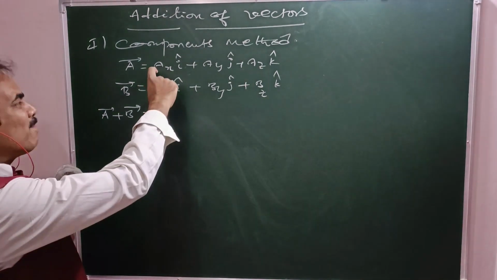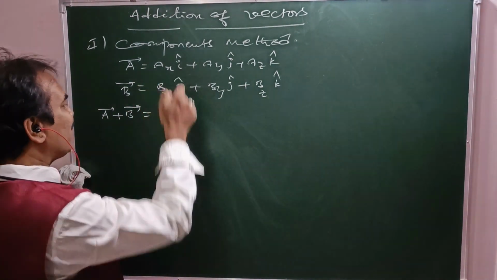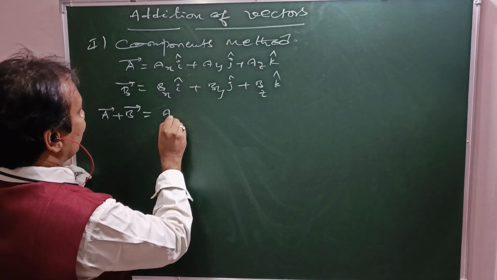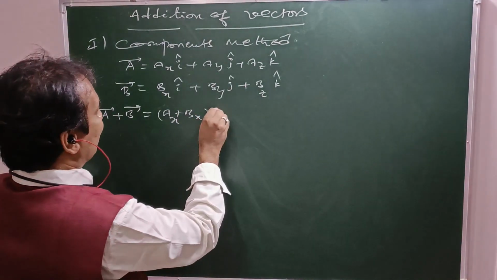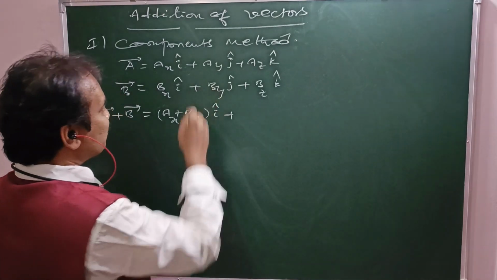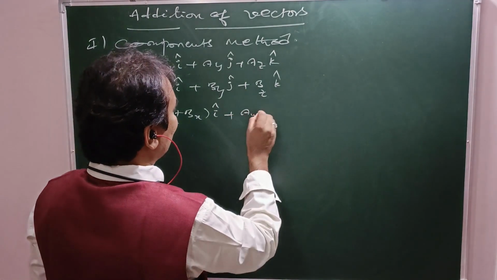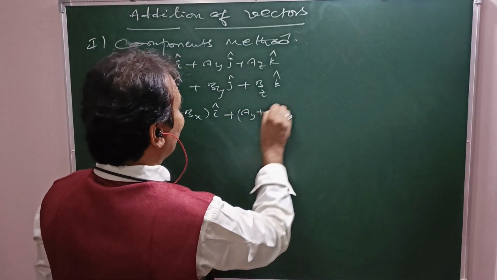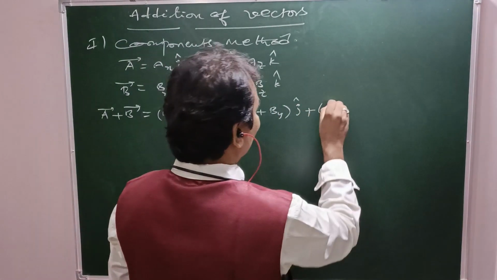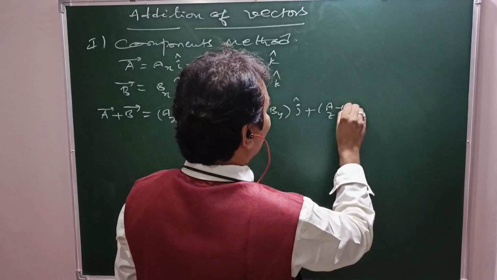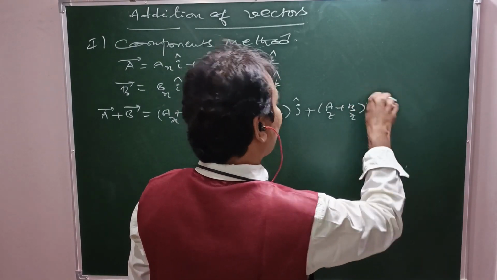So add similar components, that is ax plus bx into i cap plus ay plus by into j cap plus az plus bz into k cap.